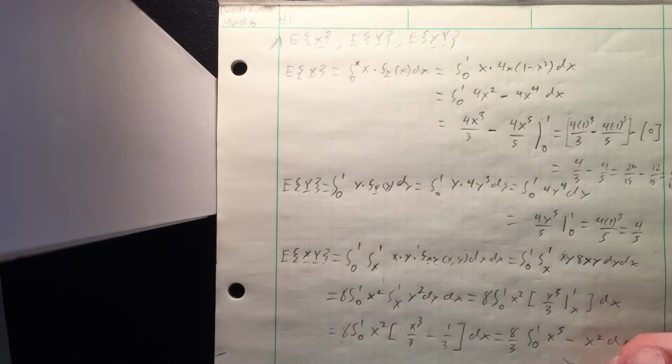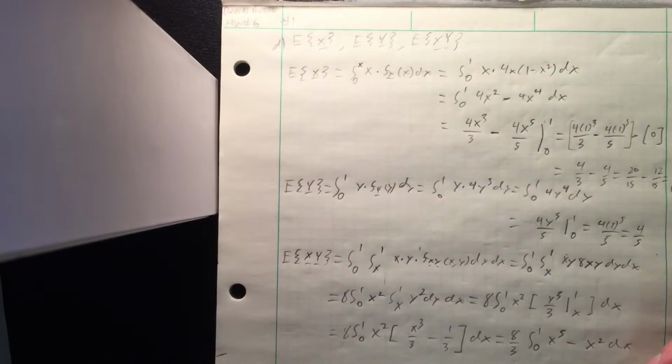This becomes x to the 6th over 6 minus x to the 3rd over 3, evaluated from 1 to 0. 8 thirds, 1 sixth minus 1 third minus 0, 8 thirds times 1 sixth minus 1 is negative 2 sixths.